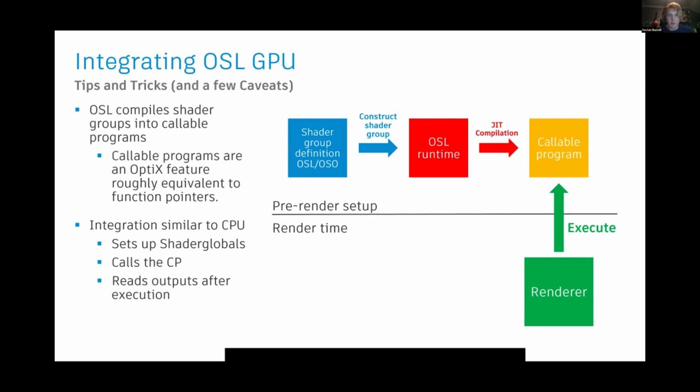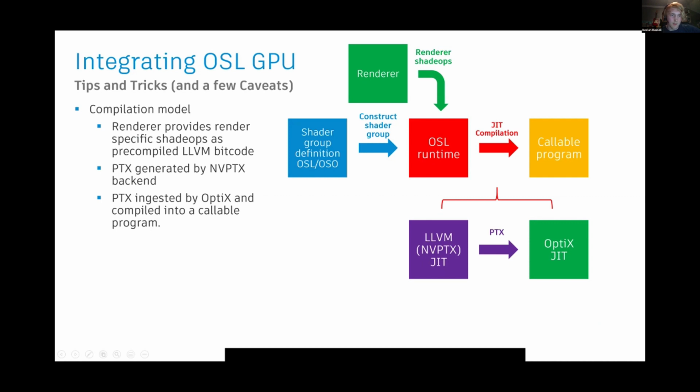So let's take a deeper look at what's going on in the compilation. When OSL JIT compiles your OSL code on the GPU, we take some of your renderer-specific shading ops, which you pre-compile into LLVM bitcode.